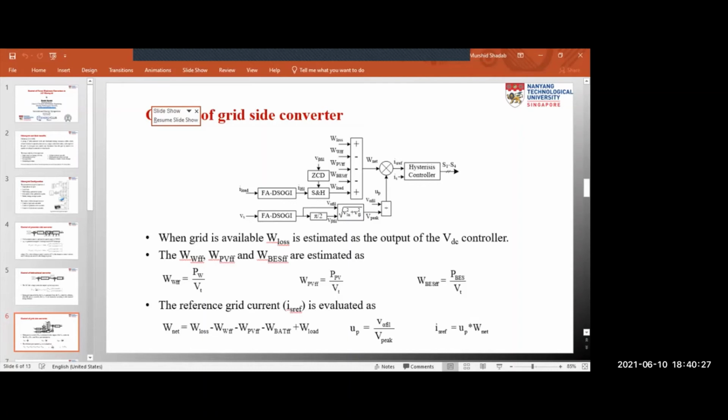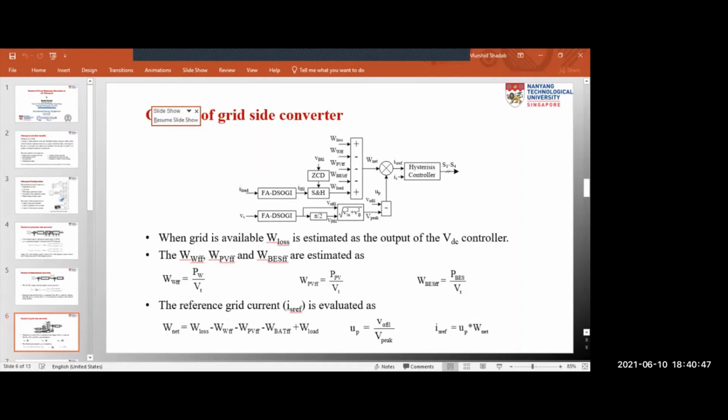The net component is the sum of all the feed forward components, and the unit template is the ratio of the filtered grid voltage and the peak grid voltage. We take the filtered grid voltage because it is possible that in weak grid condition, the voltage would not be sinusoidal.